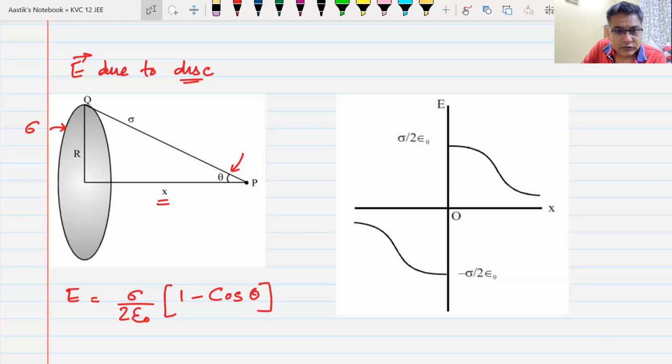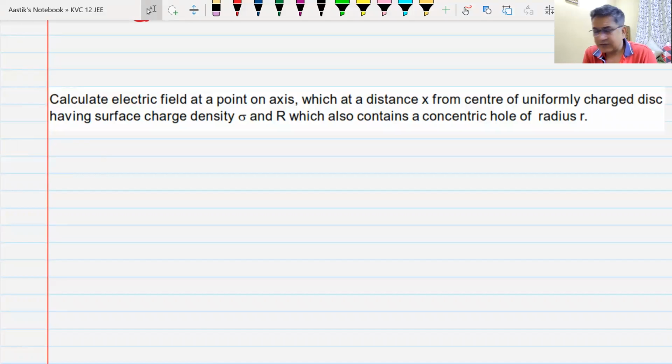Remember, they are more inclined to ask you questions which just require some understanding. There was a point of time where they were giving a lot of questions on this disk with a hole. So this is one of the questions. If you can do this, nothing like it.